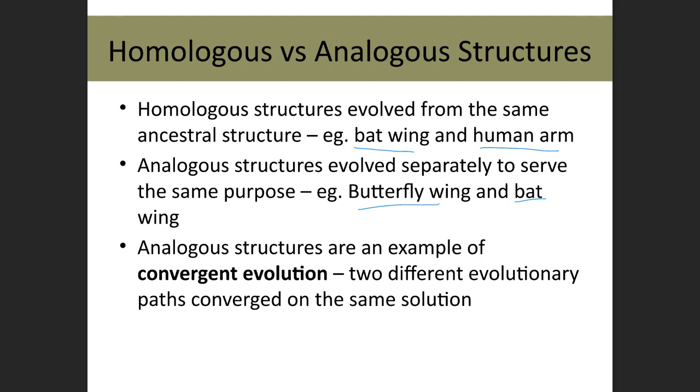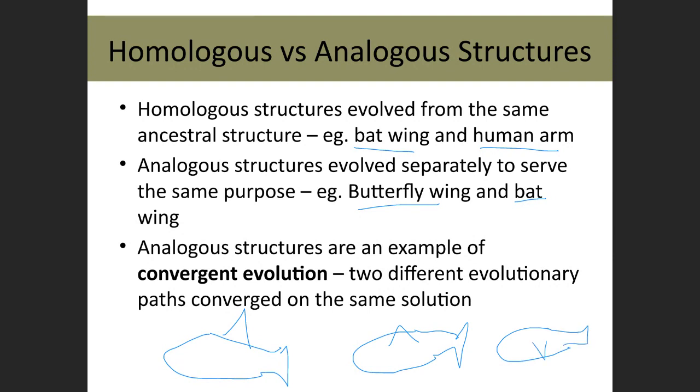Same thing if we look at the body shape of a shark, right? Let's put a fin on him, and a dolphin who's also going to get a fin like that. And then we'll put in a penguin there, who doesn't have a fin. They all have a very similar body shape. They have evolved from very different organisms, right?